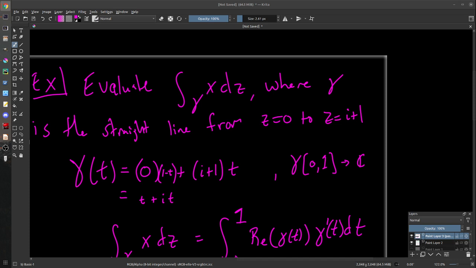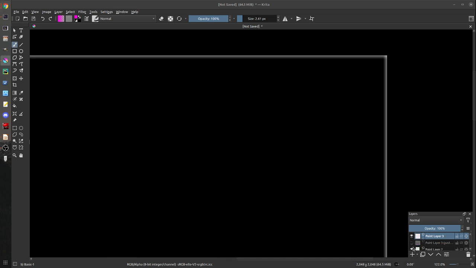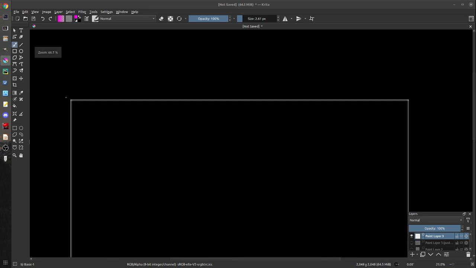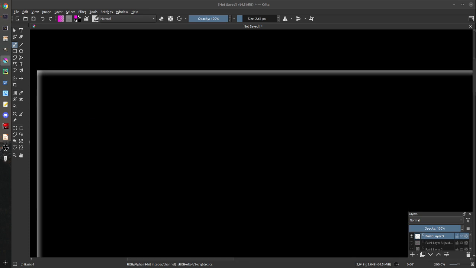But ultimately, I want to do a little bit more with something like this. So here, let's pop a new layer on there and go through a nice example or two. Okay, pull these from your book.